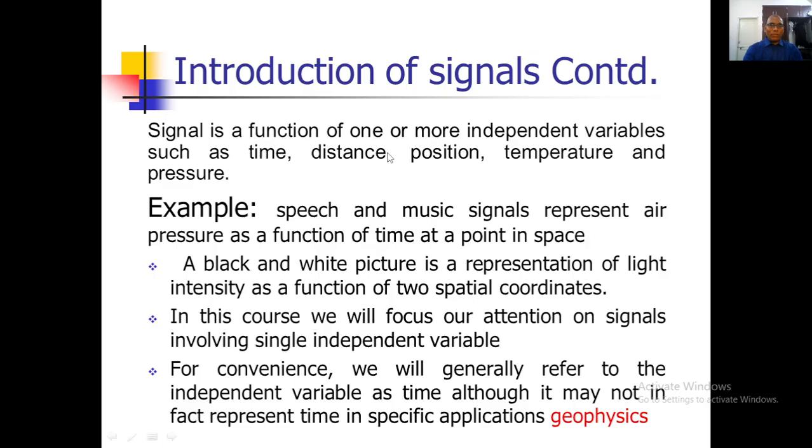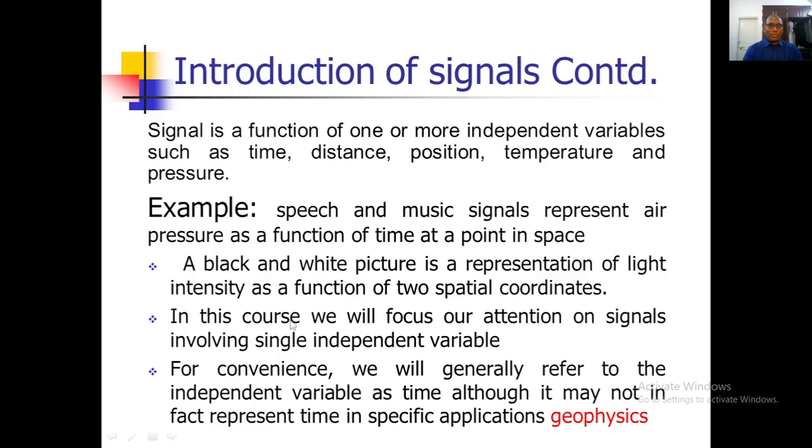A signal is a function of one or more independent variables such as time, distance, position, temperature and pressure. For example, speech and music signals represent air pressure as a function of time at a point in space. A black and white picture is a representation of light intensity as a function of two spatial coordinates.